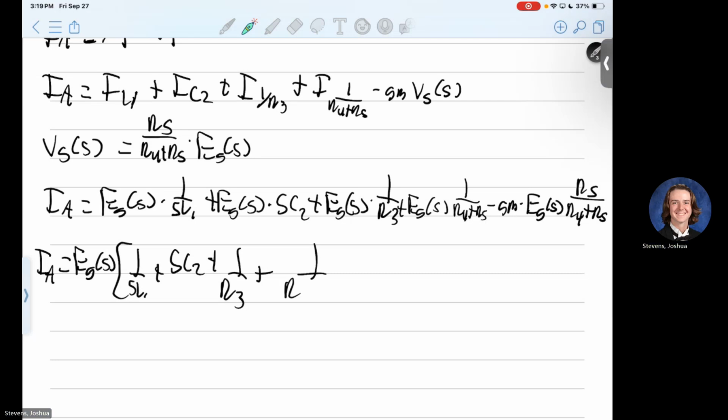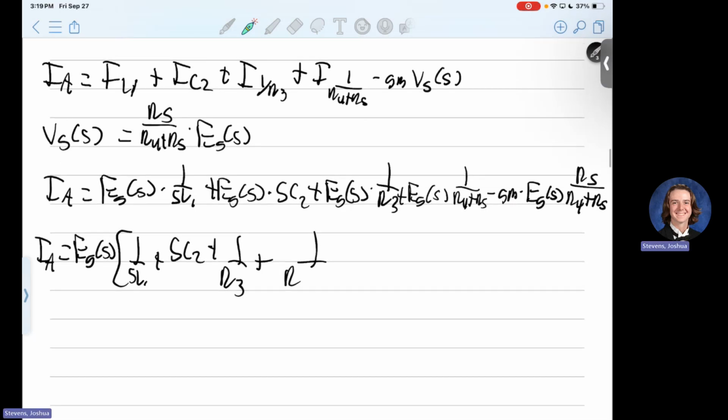So R4 plus R5, because I'm right here. And then the last part is minus GM R5 over R4 plus R5.